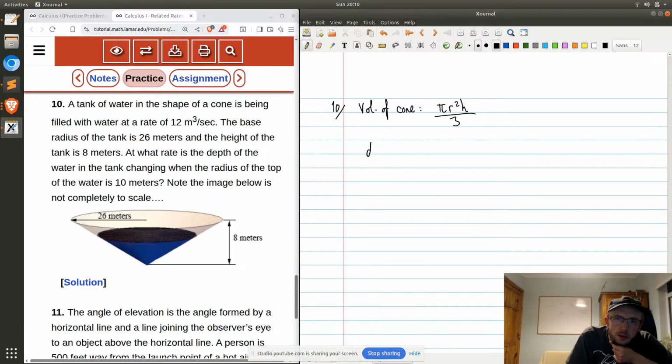Wait, so why don't we just do dV by dh? Do you know what I mean? Differentiating that with respect to h, but we notice that that is r right there.